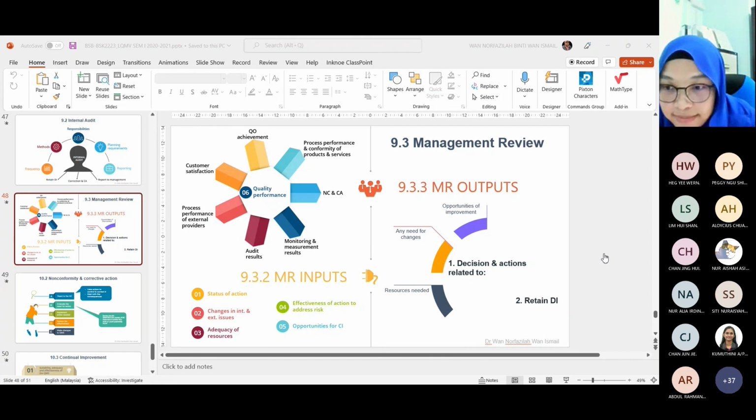King dah masuk ke belum? Oh, dah ada. Sharvin Bala, give me the example. Saya nak tanya student baru pun, mungkin dia tak faham lagi apa itu documented information. So I'm going to ask your seniors.